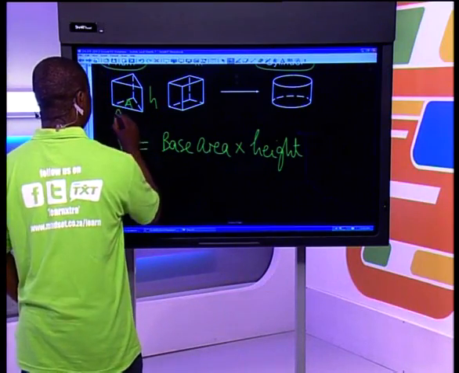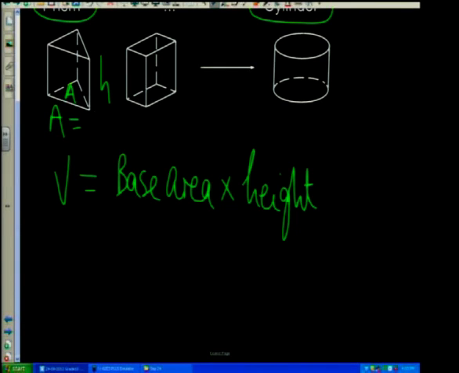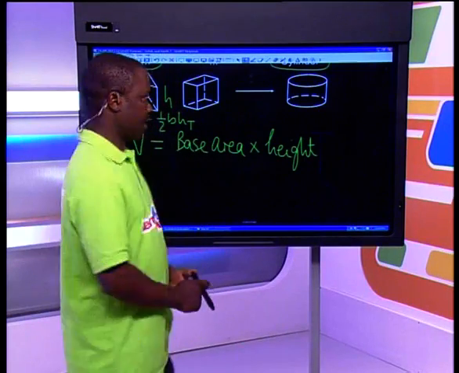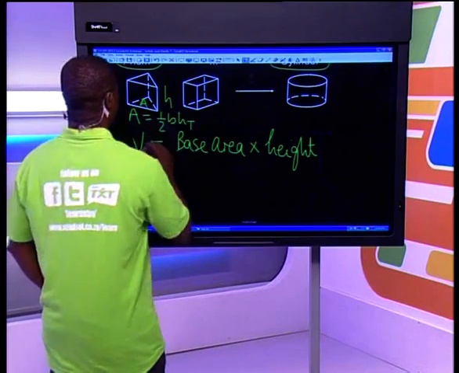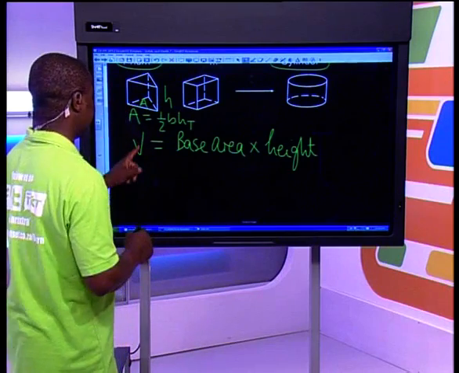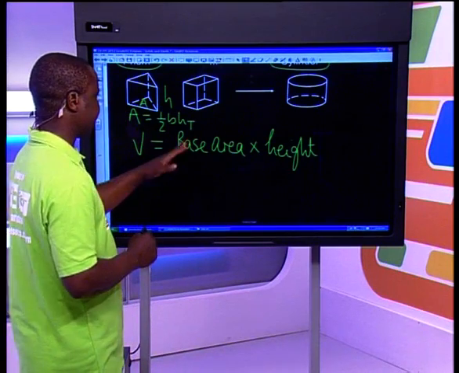The area of the base of a triangle is half its base times its height. You would have to be given the dimensions of that triangle to be able to work out the area. So another way of looking at it, this is the volume: the base area times the height.